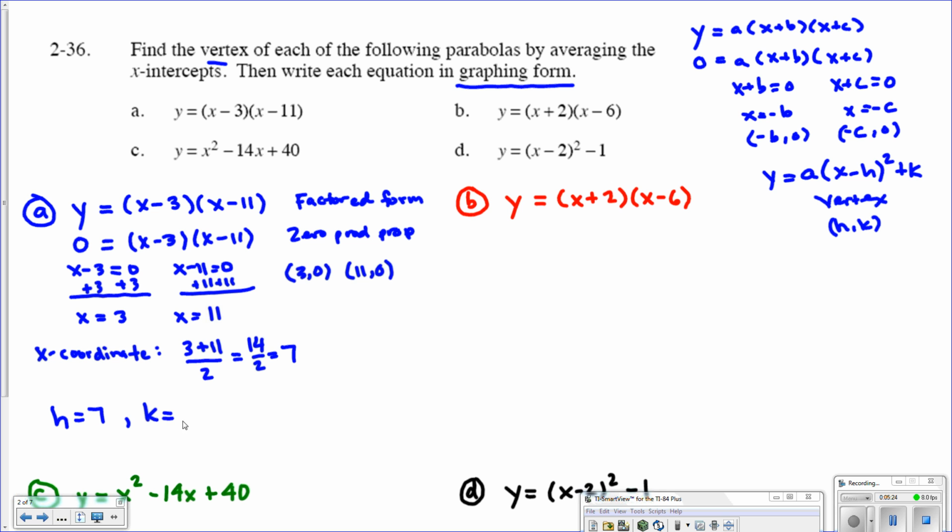We know the input, so we just need to figure out the output. So we're going to take it now, and we're going to plug in our 7. So we know our vertex is the point 7, comma, something. So let's plug it in.